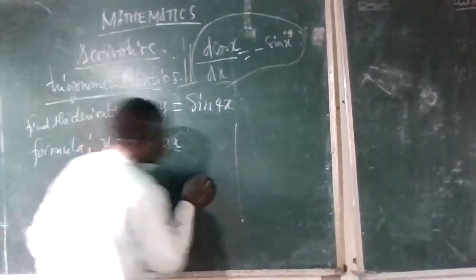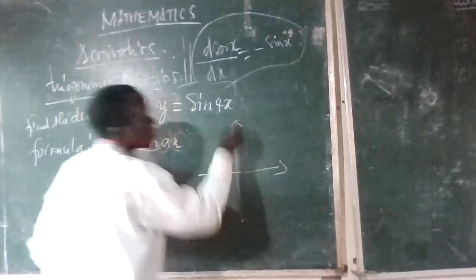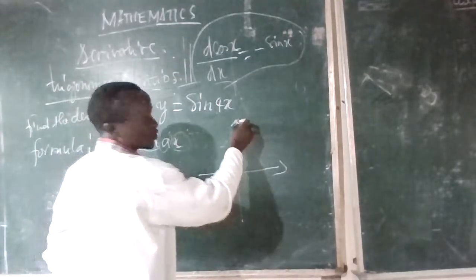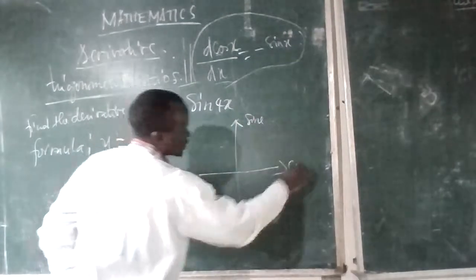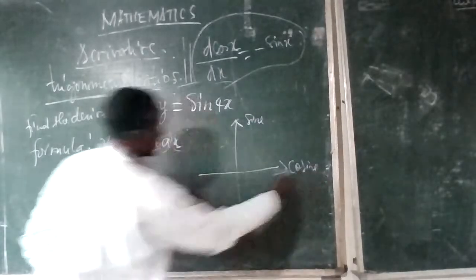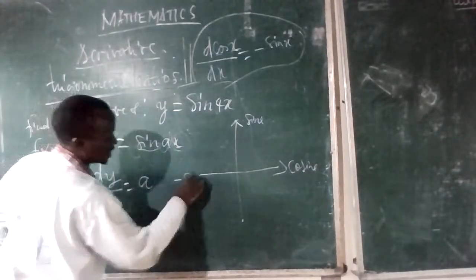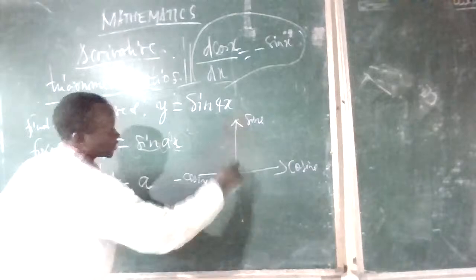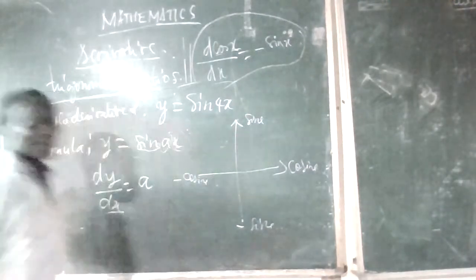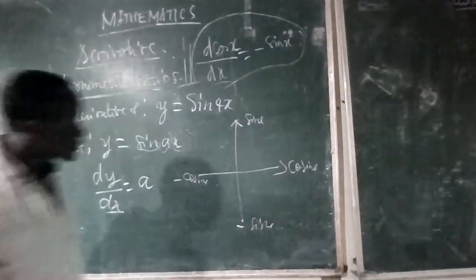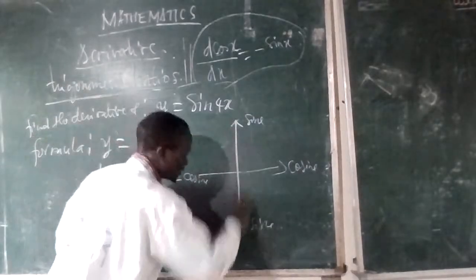I have shown you this one, where on the y-axis we have sine, and here we have cosine. The inverse of this is minus cosine, and the inverse of this sine is minus sine. Are we together there?